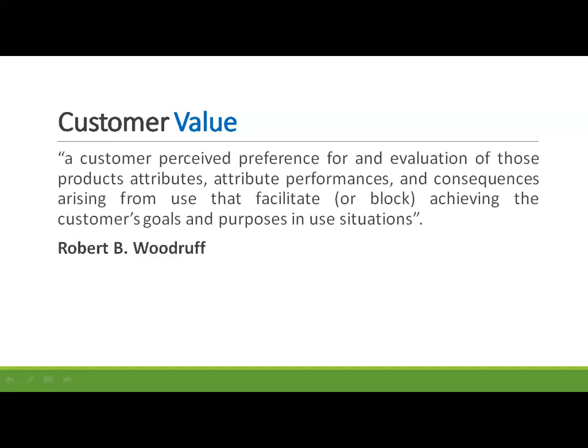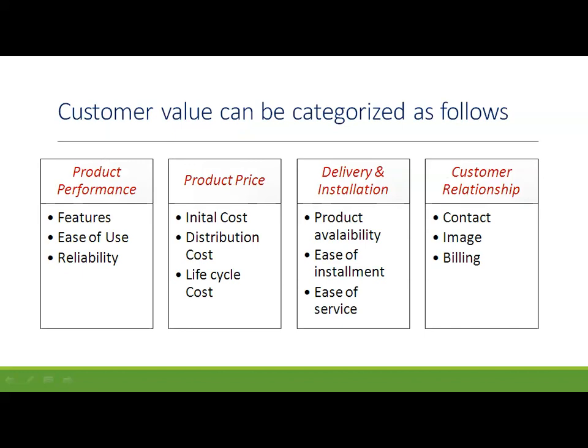Customer value can be categorized into product performance, product line, delivery, installation, and customer relationship. So, this is the figure. Product performance means various features of the particular product, and how easily you can use that product or service.